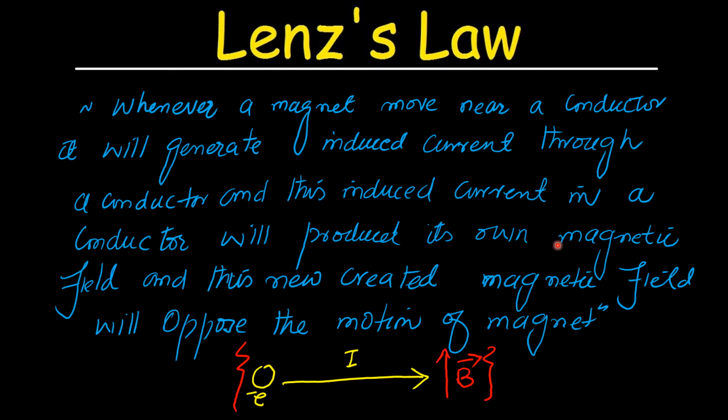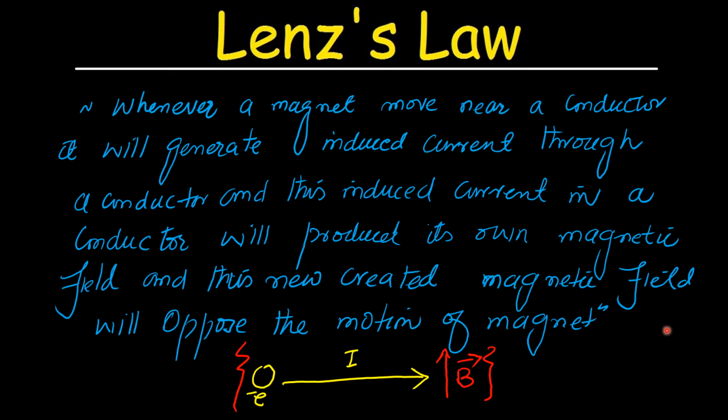This newly created magnetic field will oppose the motion of the magnet which is causing the generation of induced electric current in the wire.